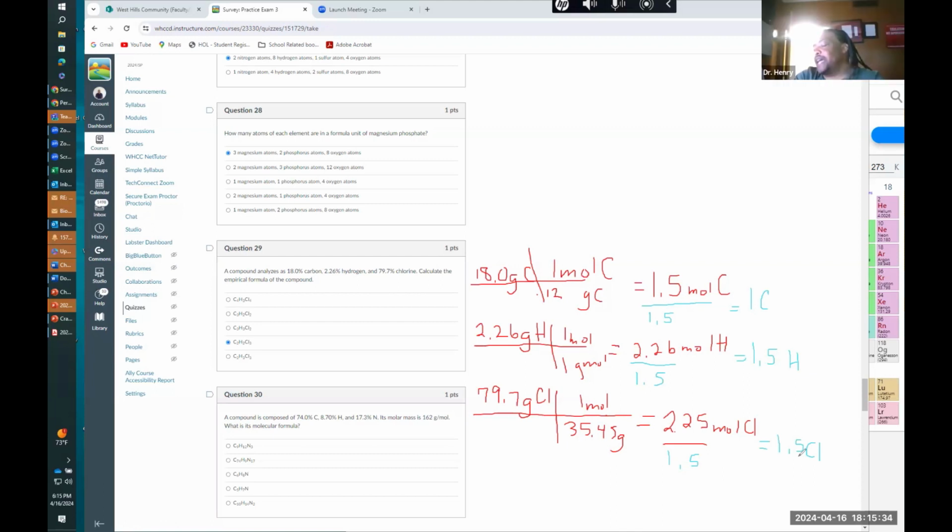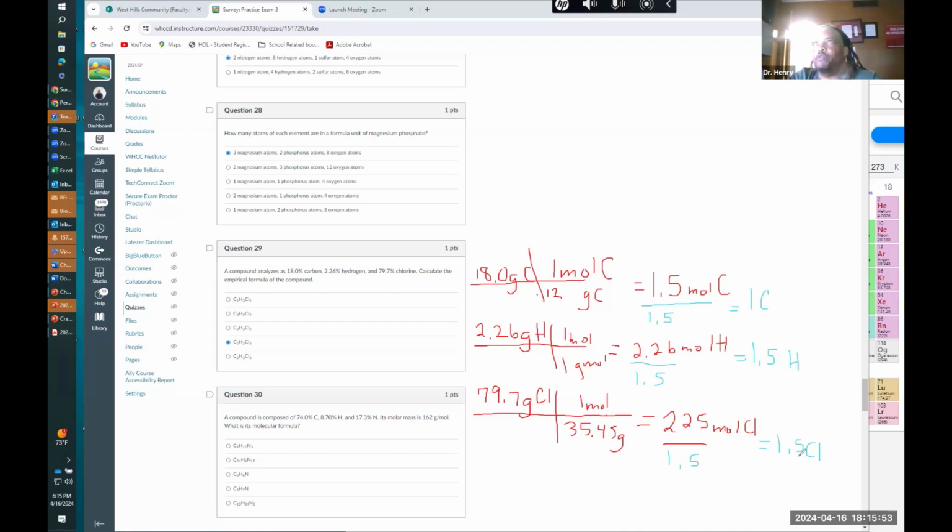Think about multiply, not add. You have to do the math right now. The easy way to think about it is, if I have 0.5, what times 0.5 will give me a whole number?